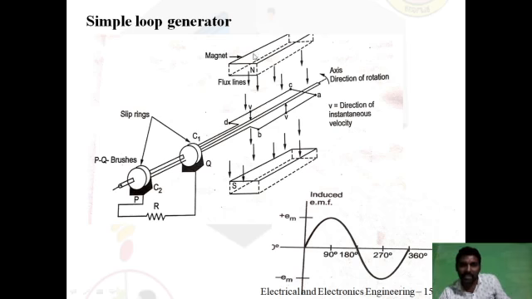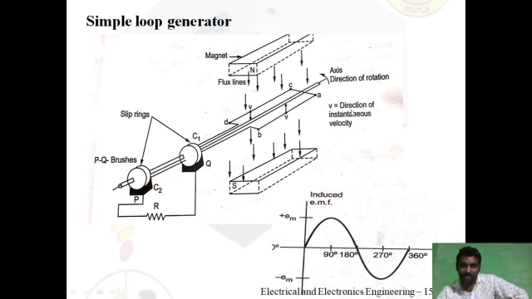In session 1 the magnetic field was moving linearly and the conductor was stationary. Here I am rotating the conductor axially.